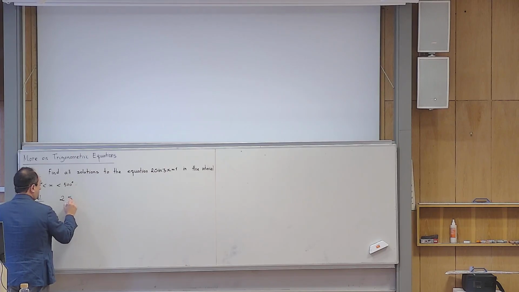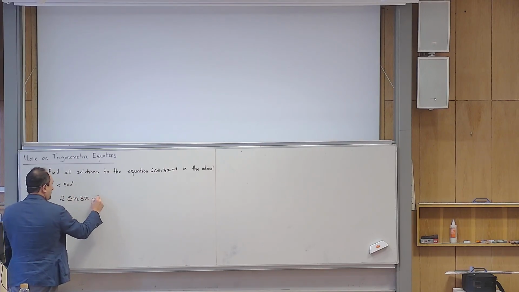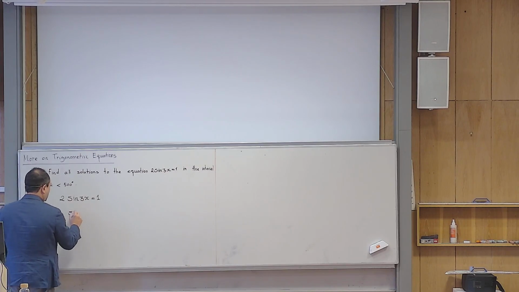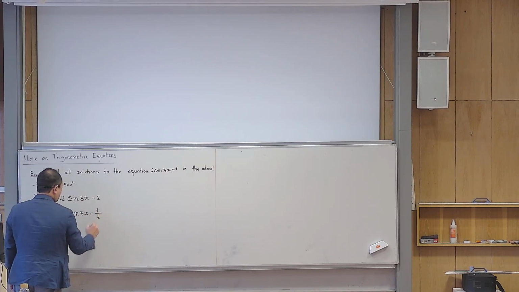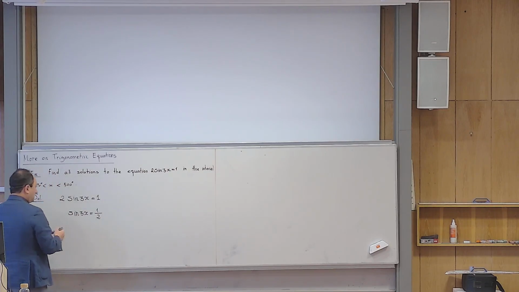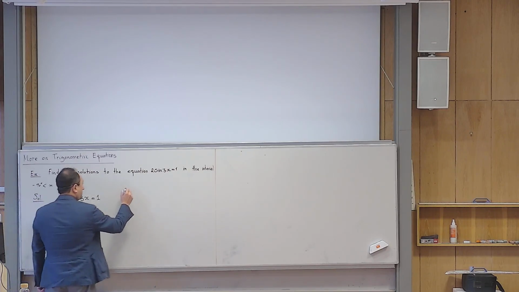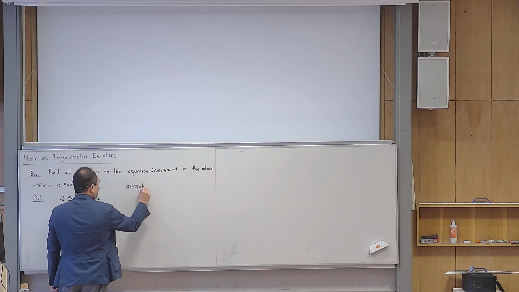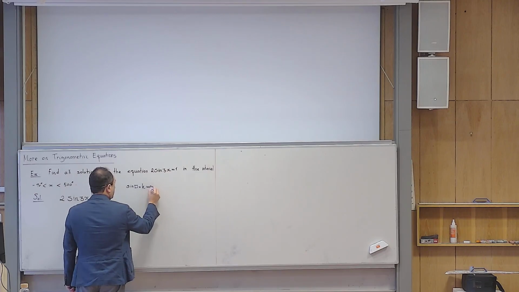So you have 2 sine 3x equals 1. What will be the first step? To divide by 2. So it becomes sine 3x is equal to 1/2. And then do you remember you can take this as a box, and then we had this formula: sine of a box is equal to a number if and only if 2 things happen.